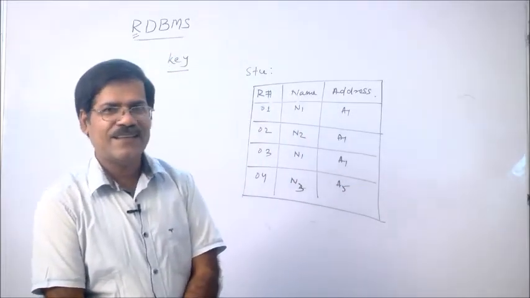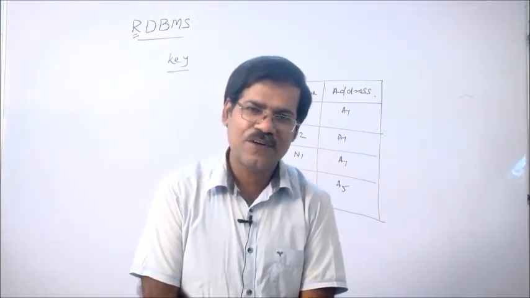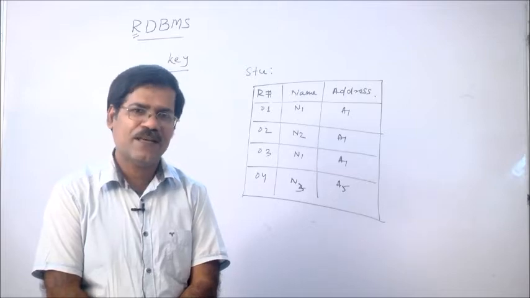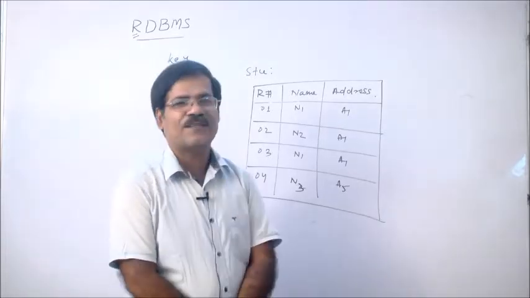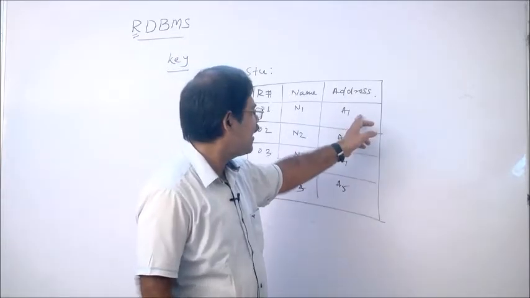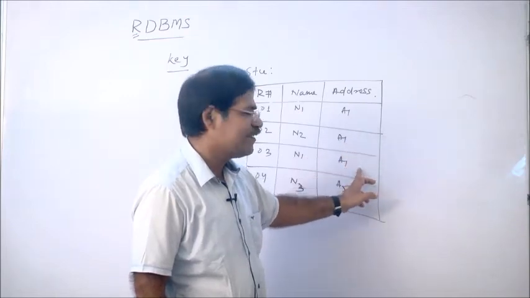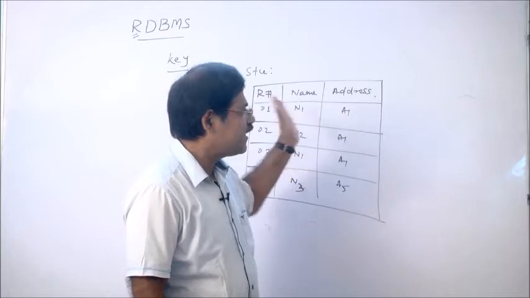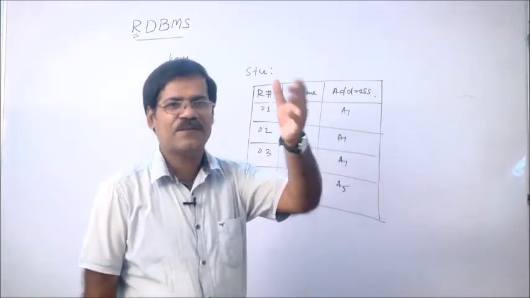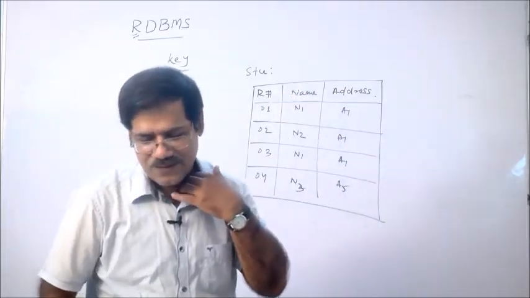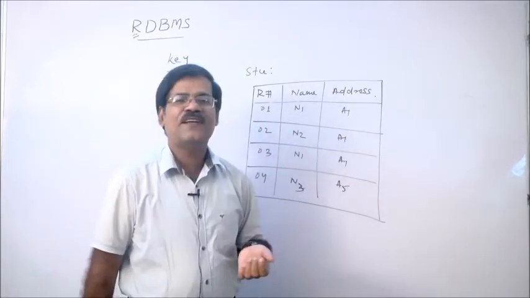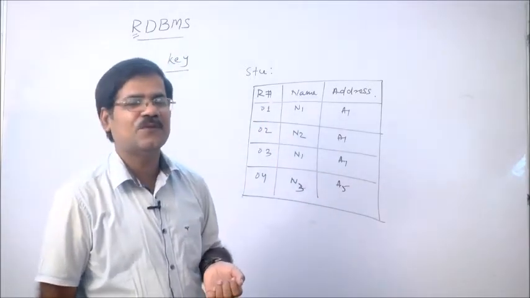Suppose I write select roll number, name, address from the table student where address is equal to A1. How many records? A1 is here, here, and here. So 3 records will be fetched from the table and displayed on the screen. So what does it mean? It says that the roll number field is a key value.